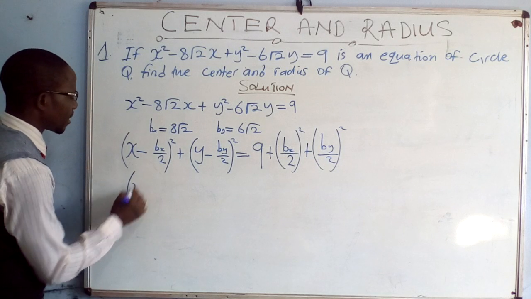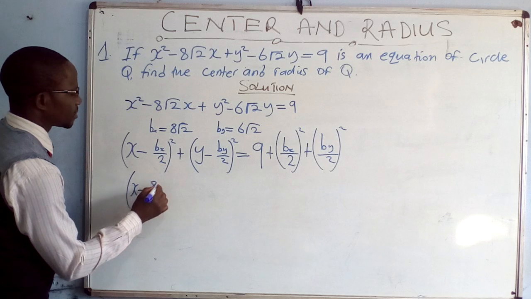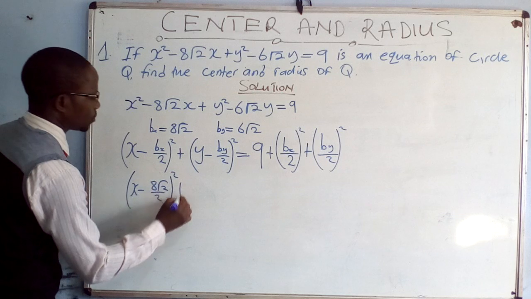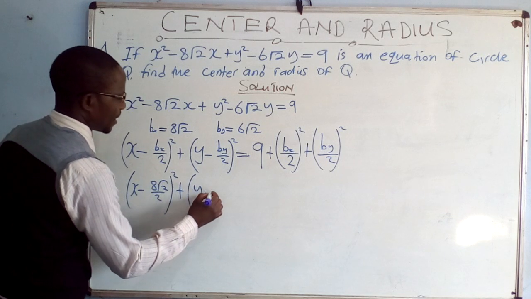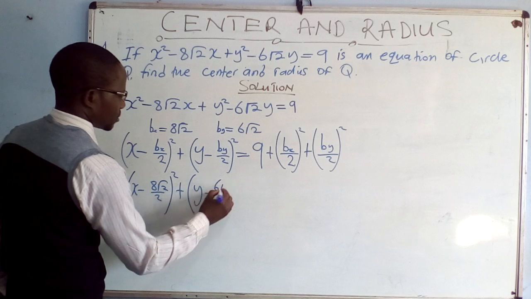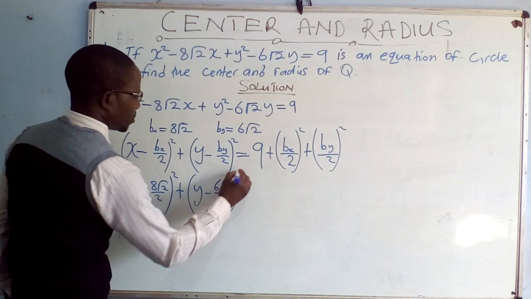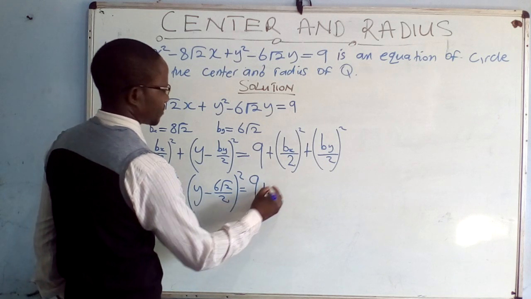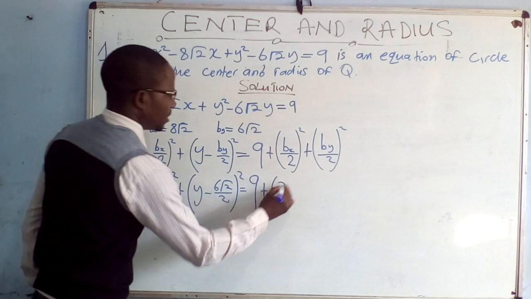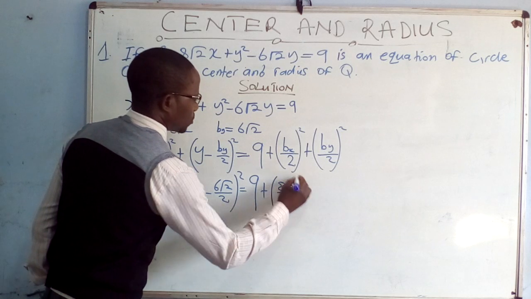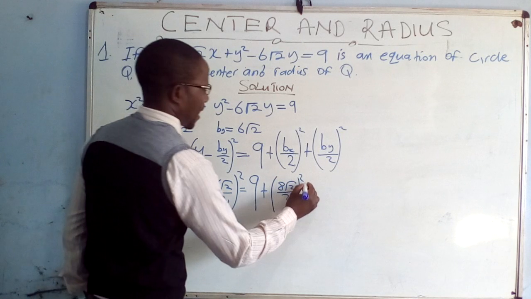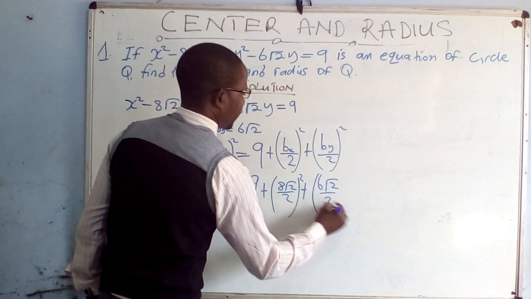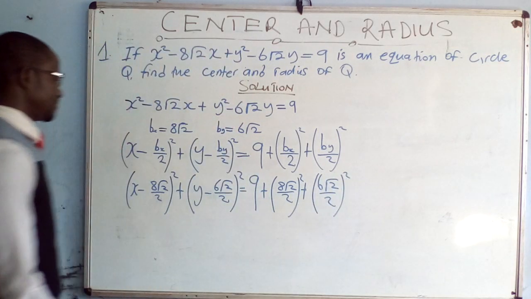So we have x minus 8 root 2 over 2, close brackets, to the power 2, plus y minus 6 root 2 over 2 to the power 2 equals 9, plus this is 8 root 2 over 2 to the power 2, plus this will now be 6 root 2 over 2 to the power 2 like that.